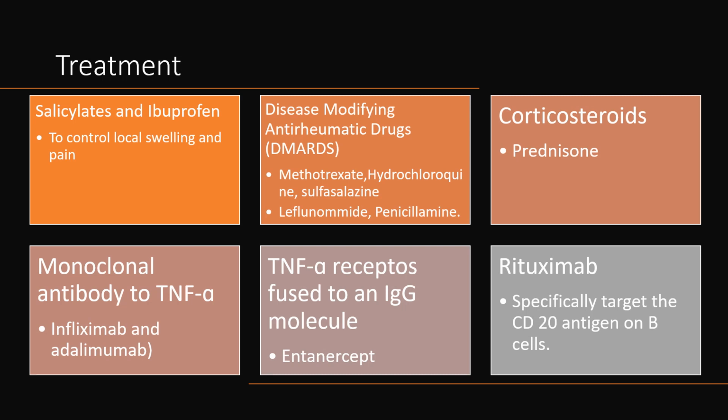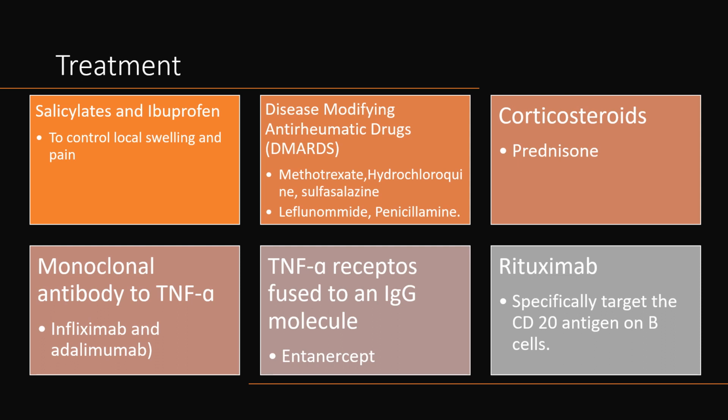Traditional therapy for rheumatoid arthritis has included anti-inflammatory drugs such as salicylates and ibuprofen to control local swelling and pain. The discovery that joint destruction occurs early on during the disease has prompted more aggressive treatment.